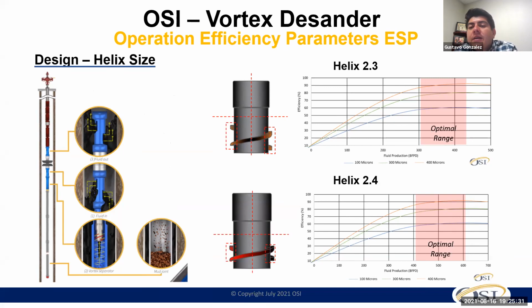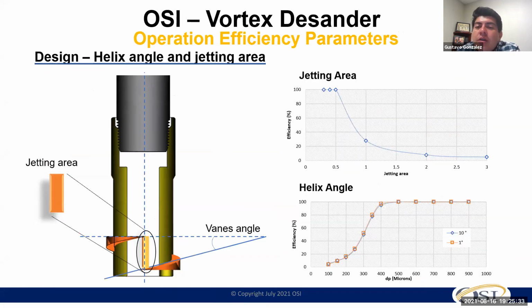So that's why all those graphs and correlations go back to the jarring area and the vane angle that I have on my system. I want to be sure that when the fluid passes through, I generate enough delta P to give me the acceleration to allow those particles to spin out and actually get into the tailpipe.